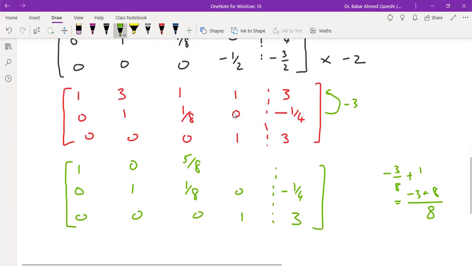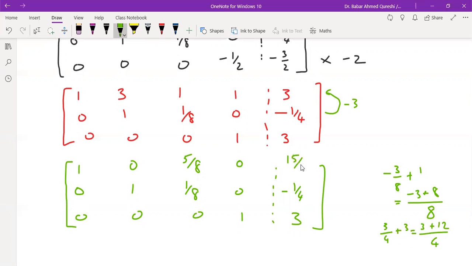And nothing happens here. And I have minus 3 by 4 plus 3, which is 12, so 15.